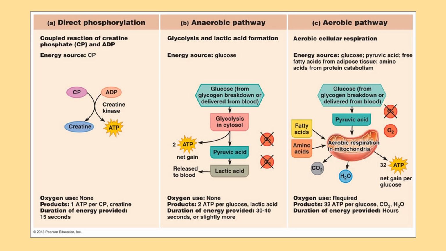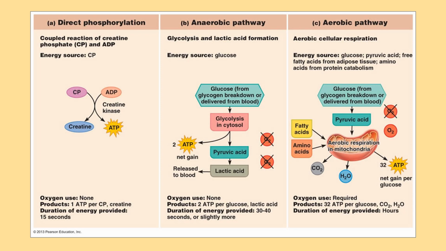One of them is the Krebs cycle, and the other is the electron transport chain. So that's what comes ahead for us. But for now, please understand that the aerobic pathway occurs inside mitochondria. It is a slower pathway because there are many more steps involved. It does require oxygen.